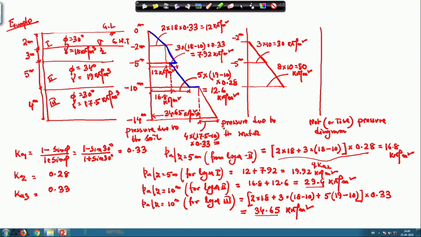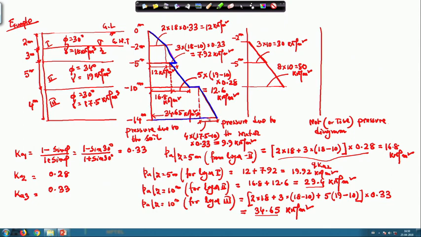So, this value is 4 into 17.5, so this value is coming out to be 9.99. So, this is 9.99 kilonewton per meter square.